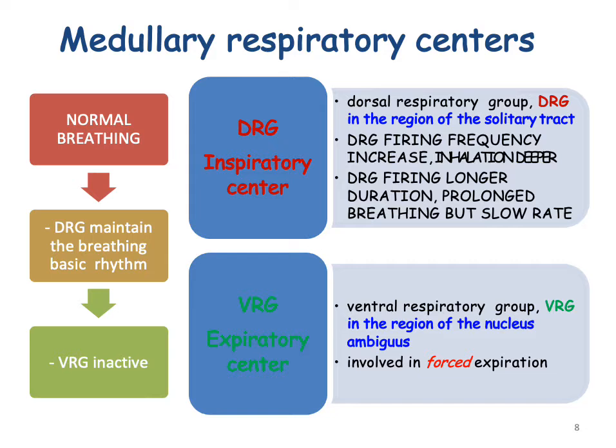When the firing frequency of the DRG increases, the inhalation will be deeper. When the DRG fires for a longer duration, the breathing will be prolonged but at a slow rate. And the VRG, the expiratory center, is only involved in forced expiration.